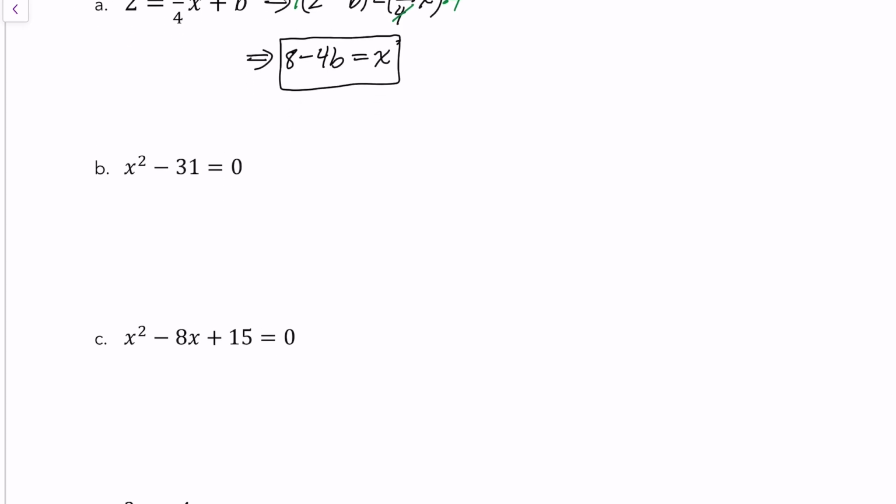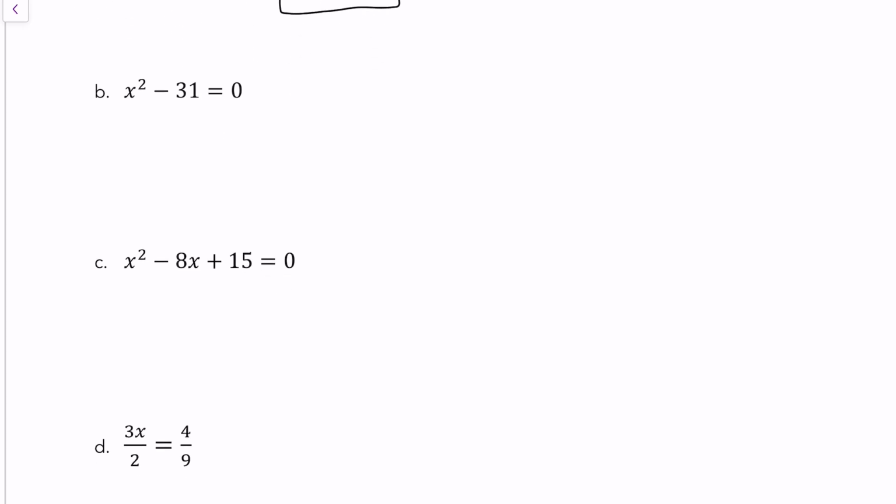All right, so for problem B, remember that we have to leave x on one side of the equality. Here we can start by adding 31 on both sides to get x squared equal, not square root, but 31 on the right-hand side.